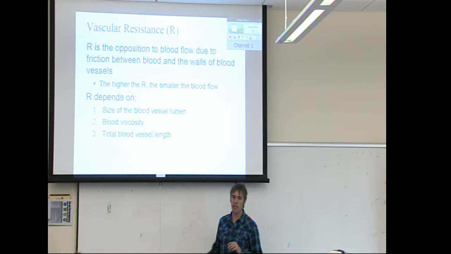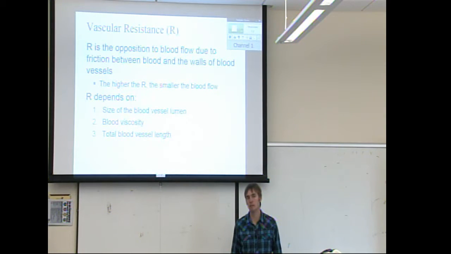Also the total length of blood vessels, because if you've got more blood vessels, that's going to spread the volume out more and decrease the pressure. And then blood viscosity, so how thick it is, how watery it is, basically.